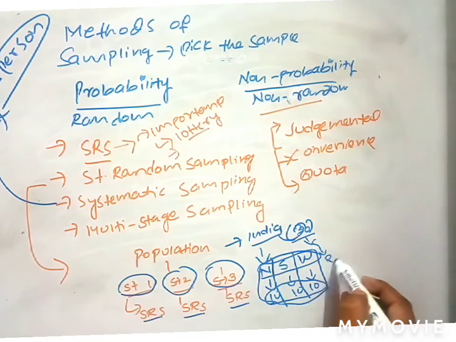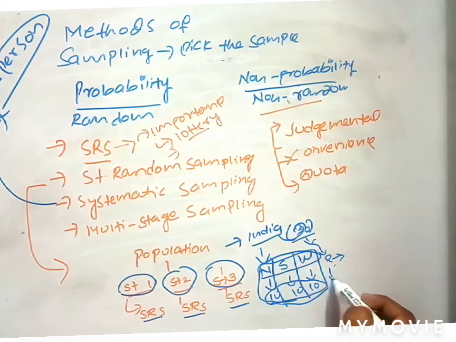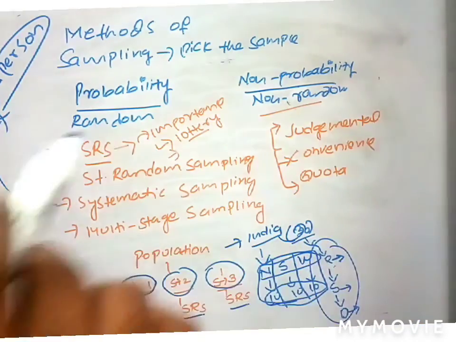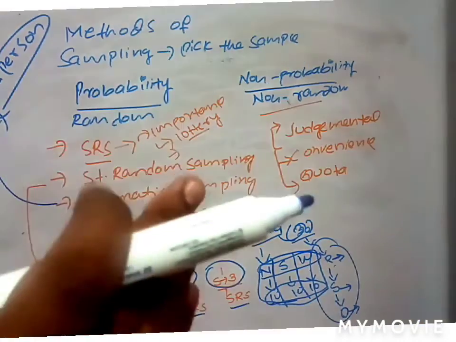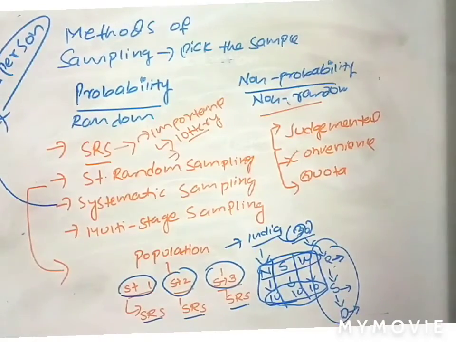Then from each region I am going to select 10. Then from region to state, from state to district. Like this, from different places I am going to select the samples. That is, at each and every stage I am taking a sample. Because of that, it is called multi-stage sampling.